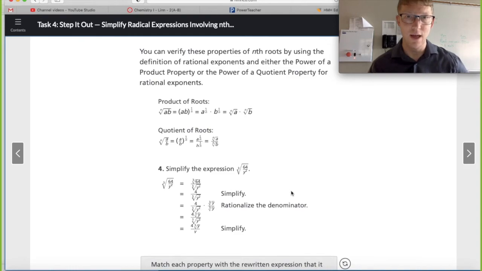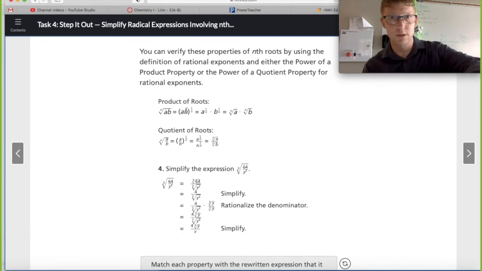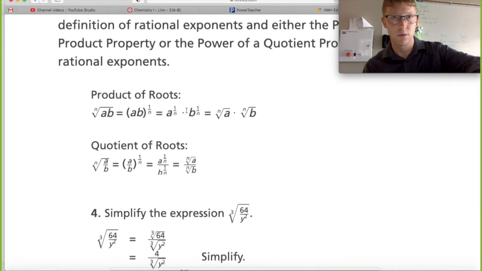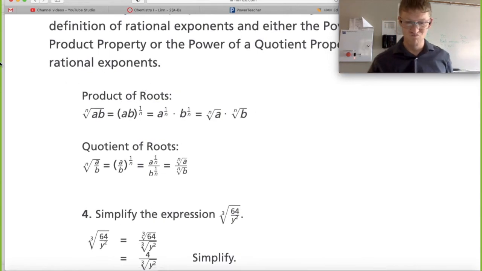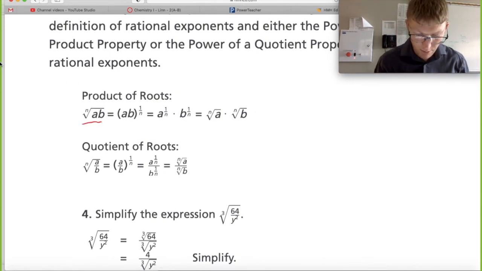So looks like they have a little proof for us. The product of roots. Let's zoom in. So we start off with the nth root of AB. We can raise the whole thing to 1 over n. That's the same thing.